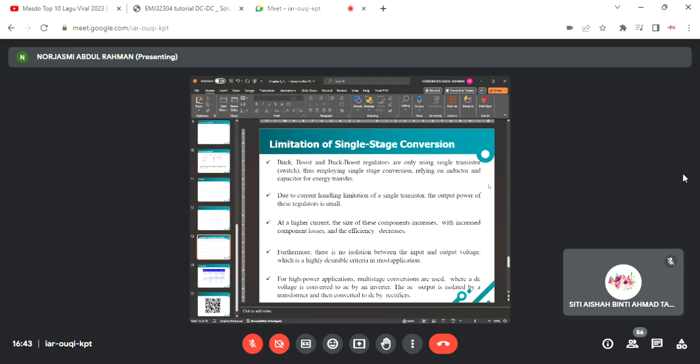It means that on the input side and the output side, there is no electrically attached wire. So they use a transformer, where the input current only works on the primary side and the output current only works on the secondary side. There is no electrical connection, but the two sides are bridged by the transformer. So there is isolation between the input and output voltage.